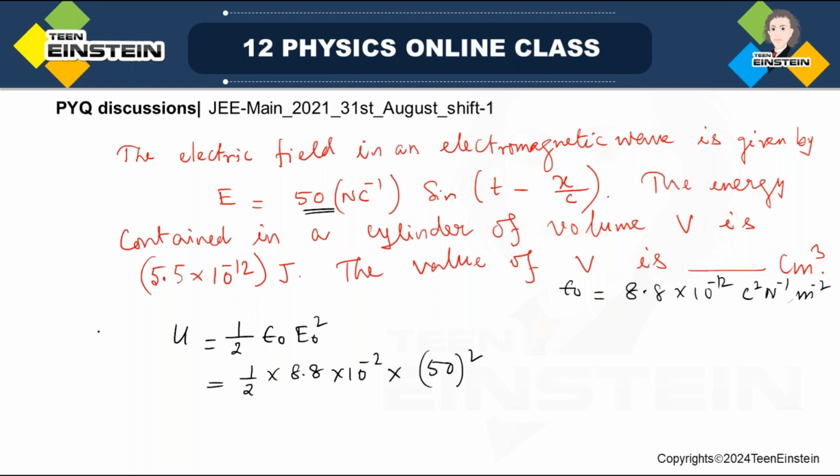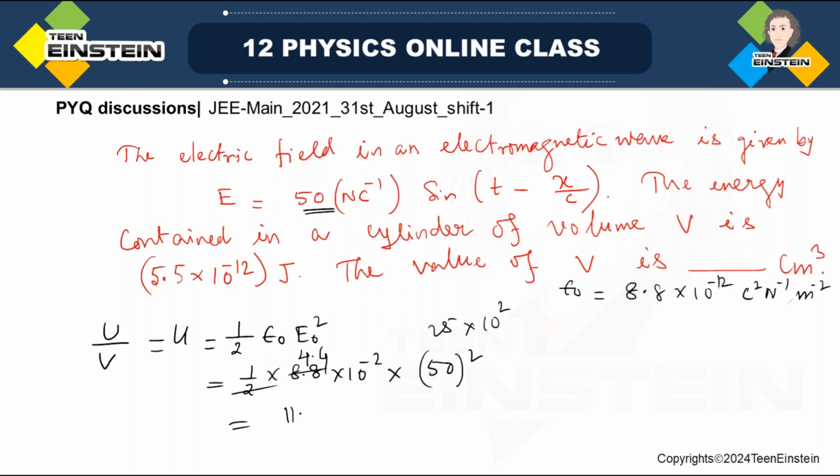This is the energy density, that means total energy by volume equals this. If we calculate, this will be 4.4, and here it will be 25 into 10 to the power 2. So 4.4 into 25 will give you 110.